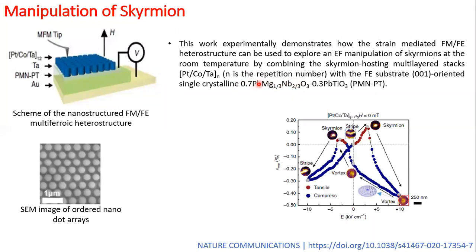Now 0.7 means that there are 70% Pb(Mg 1/3, Nb 2/3)O3, and 30% PbTiO3. We are using this as our substrate. This is called the PMN-PT, the first letter from each element. Now the PMN-PT, we are using the substrate as a ferroelectric material here.